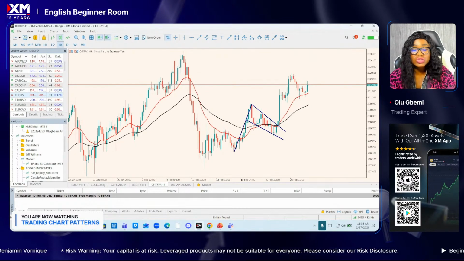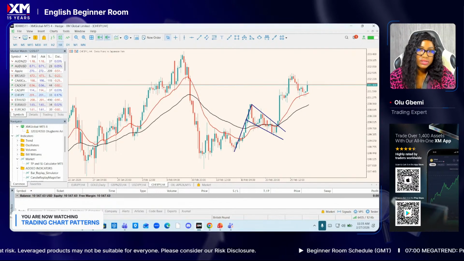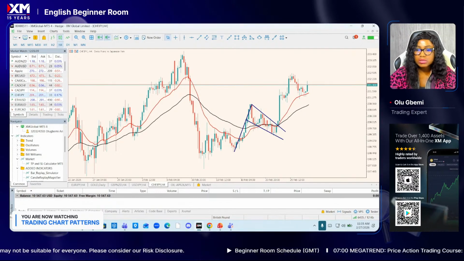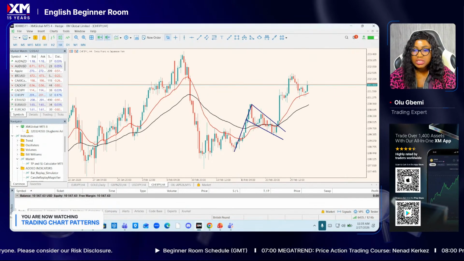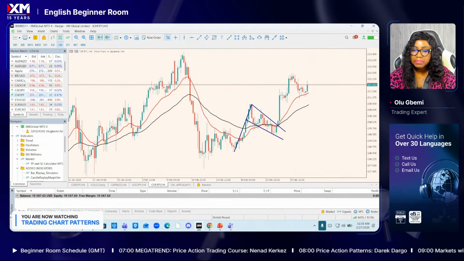I just need to see one image to know exactly what this person is describing. And that is what pattern does. It gives you an idea of what the price is doing through these patterns that are forming.